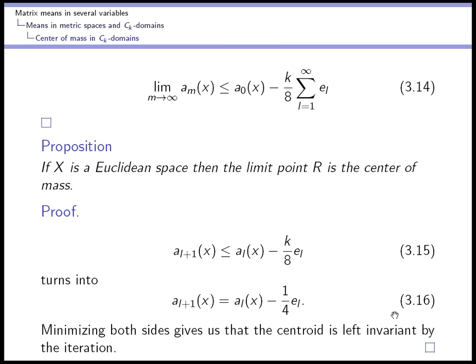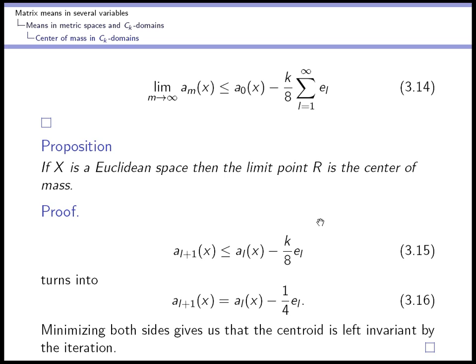Now, another proposition. As numerical experiments tell us, these two points are generally distinct, but in the case of Euclidean space, these two points are just the same. How to prove this? This is very easy because we have this inequality.